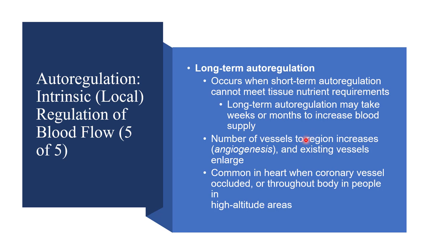The long-term autoregulation may take weeks or months to increase blood supply, because here it involves the number of vessels increasing in amount, meaning you are going to have angiogenesis, and the existing blood vessels would also enlarge. Angiogenesis is very common in the heart, where the coronary blood vessels are occluded, or throughout the body among people living in high altitude areas.